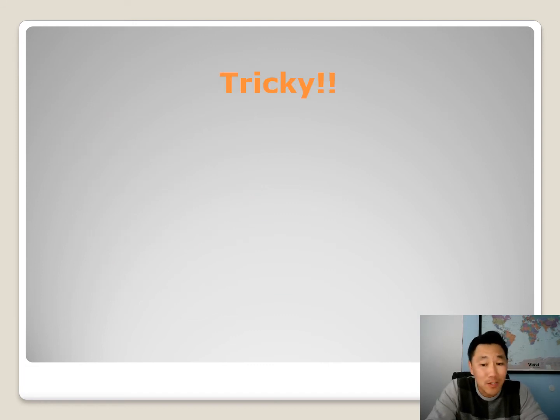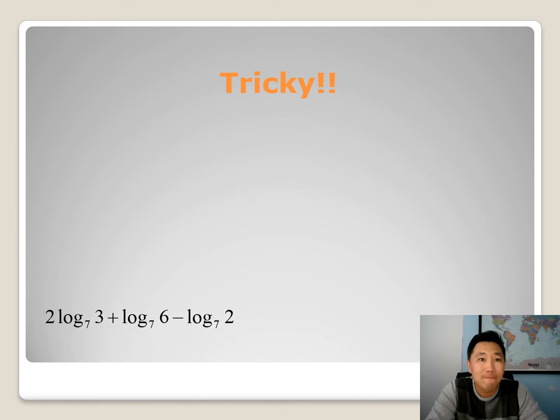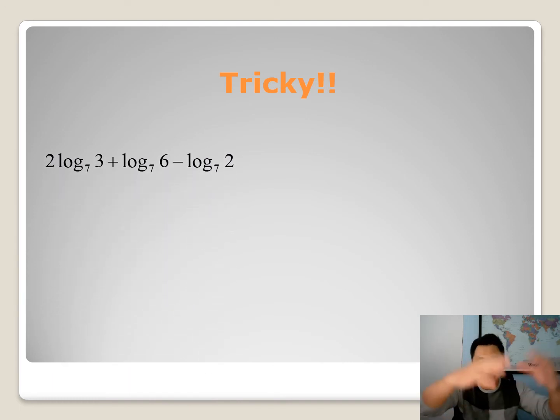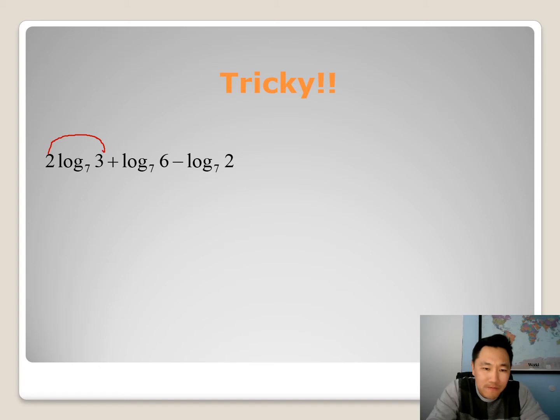All right, some tricky ones. Simplify that. So it's a whole bunch of logs, but what you can do is this 2 will go up here, which 3 squared is 9. Oh, I jumped straight to the answer already.